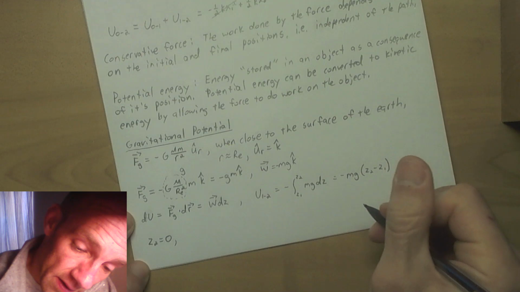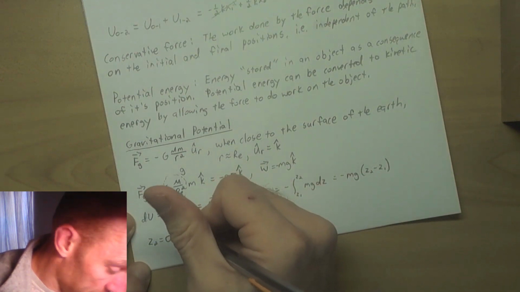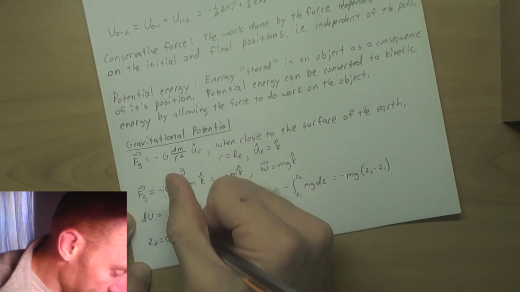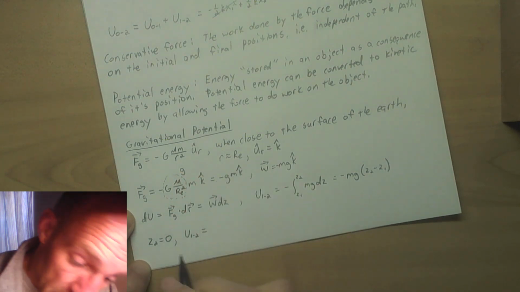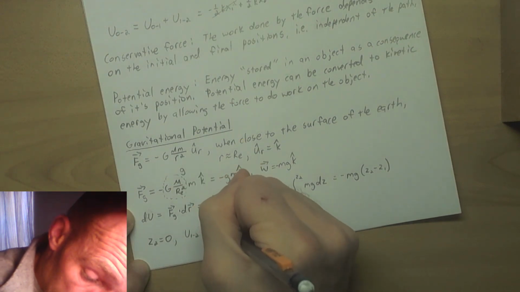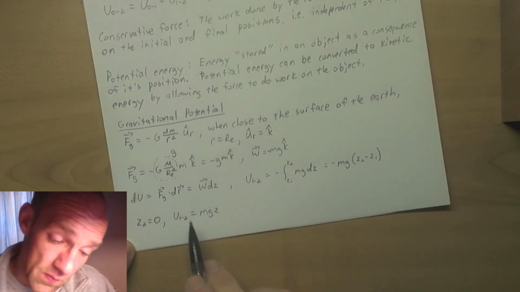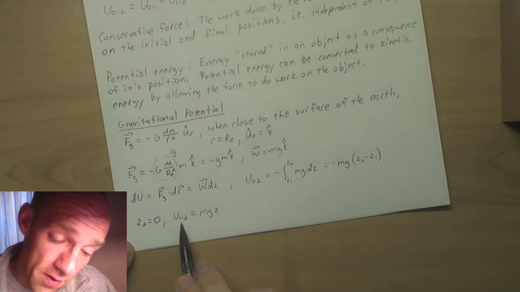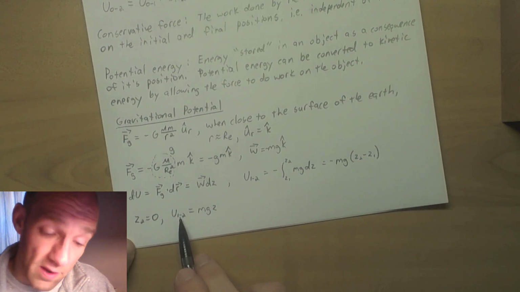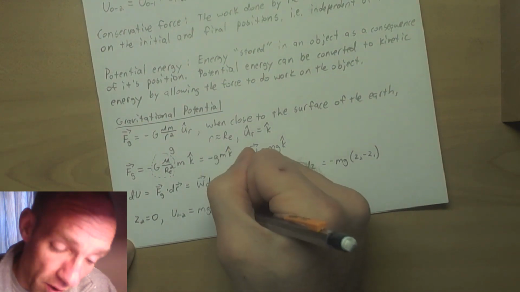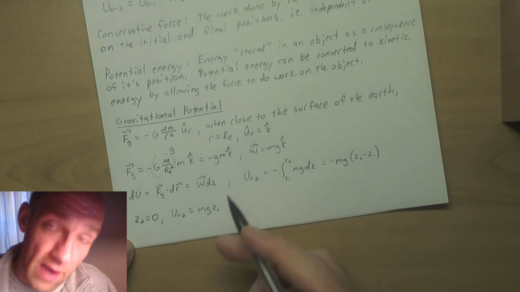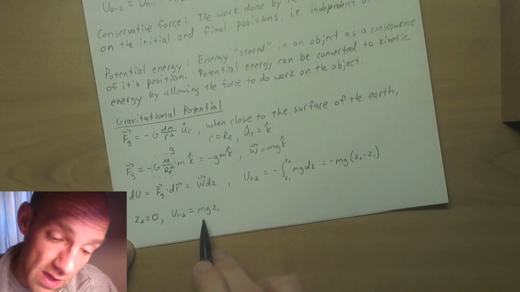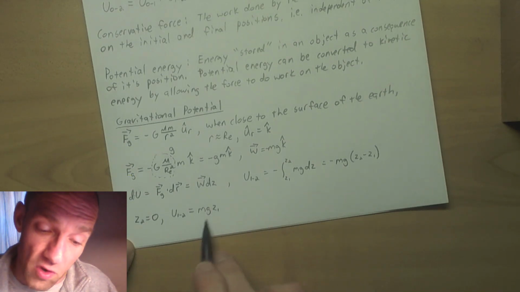And so the work done by the force of gravity to take an object from z1 to z2, to take it from some height to the ground, is a positive quantity, and it's mgz.